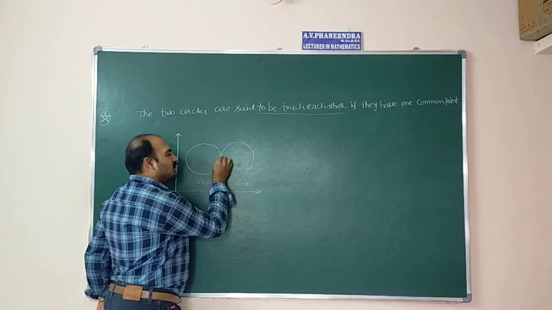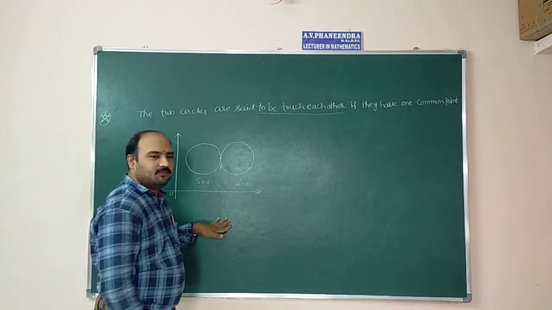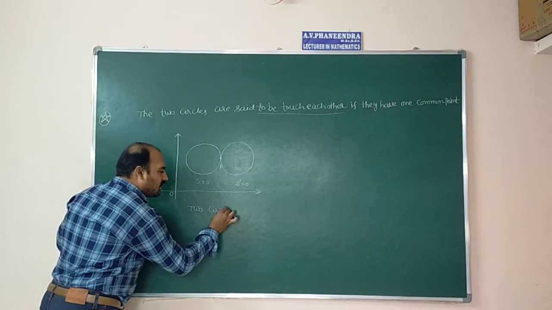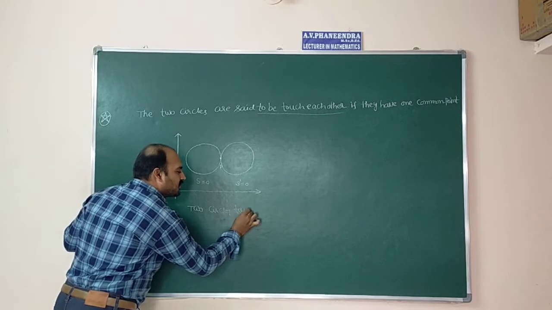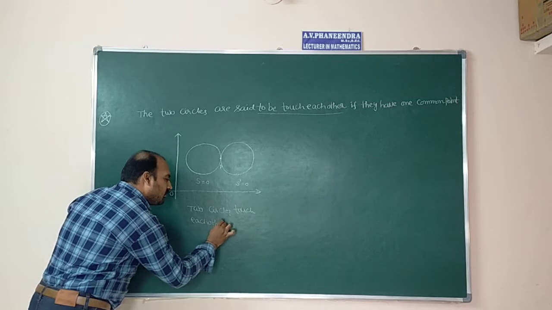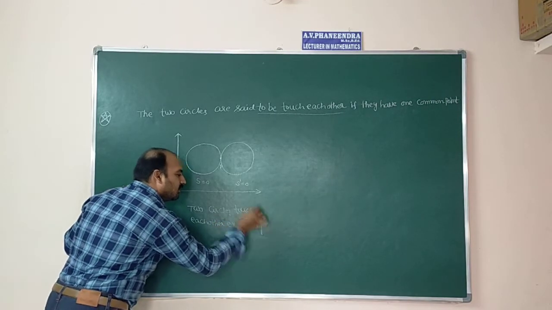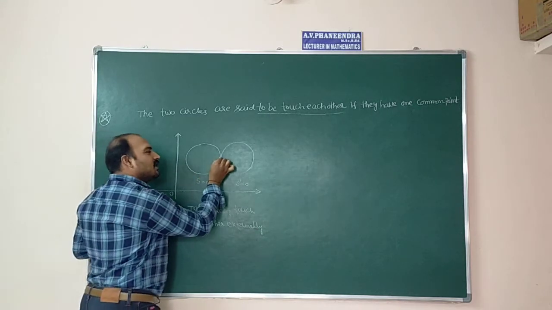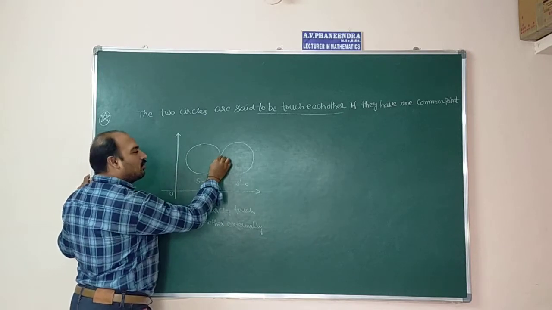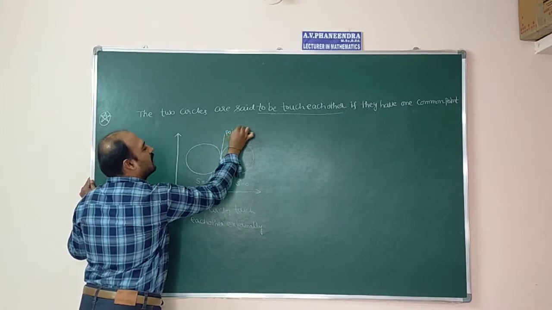So the two circles are touching externally in this diagram. This touching point is called point of contact or common point of contact.